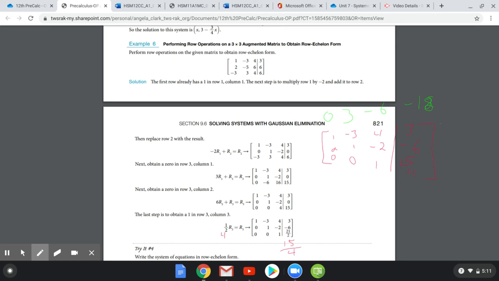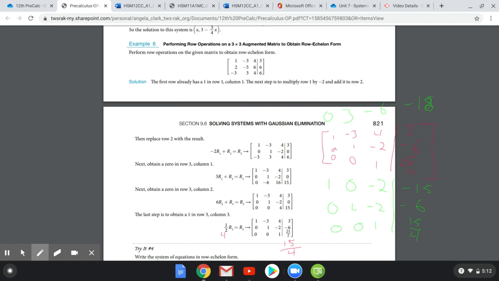So we're going to get 1, 0, negative 2, negative 15. 0, 1, negative 2, negative 6, 0, 0, 1, 15 over 4. All right.